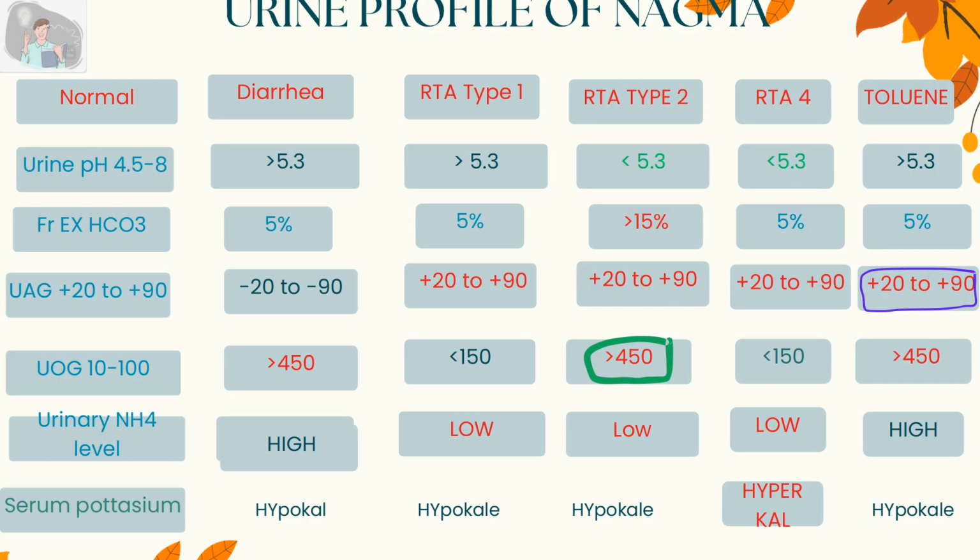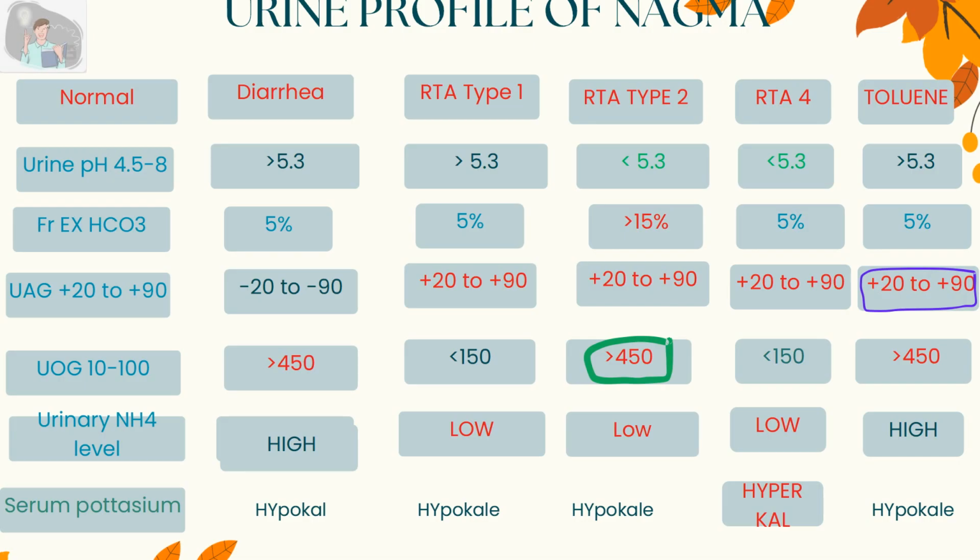Now diarrhea and toluene are acidemias, and the kidney should be excreting acid, which the kidney does, as it functions normally. Then you should have an acidic urinary pH, but why do you have an alkaline urinary pH there? The reason is that the kidneys are vigorously and briskly doing their job, excreting the acid as ammonia.